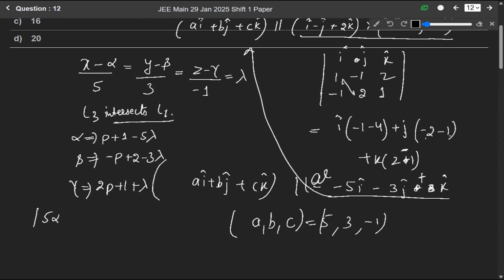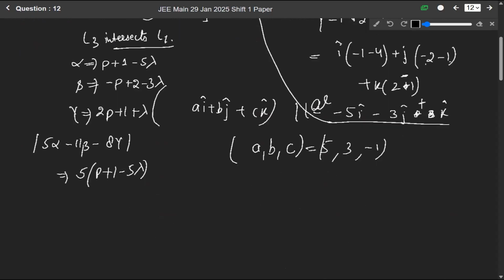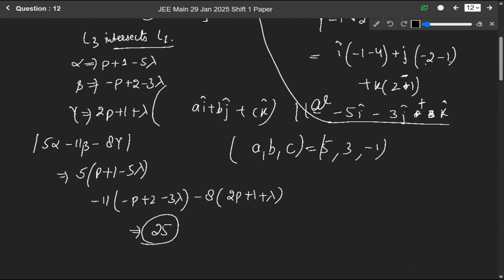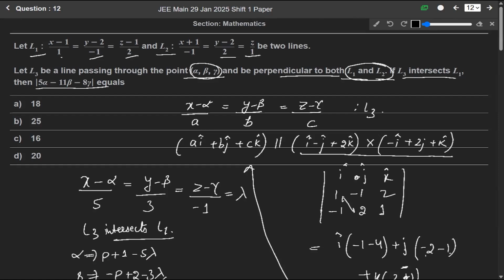So it will be 5 into p plus 1 minus 5 lambda, minus 11 into minus p plus 2 minus 3 lambda, and minus 8 into 2p plus 1 plus lambda. Solving it, we get 25. So our answer is 25, means option B is the correct answer.